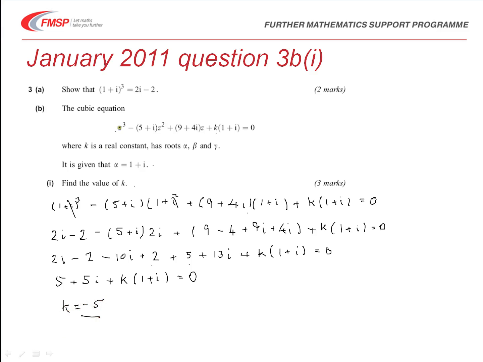Right, so again, 1 mark for the correct method of substituting in the 1 plus i. Obtaining a correct expansion will give you 1 mark, and then obtaining the correct value of k will give you the 3rd mark on that part of the question.